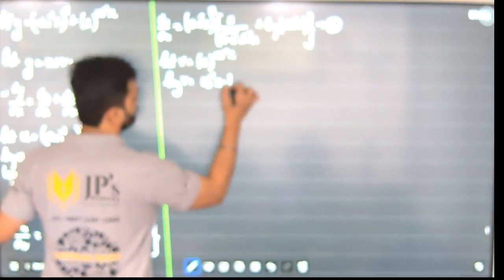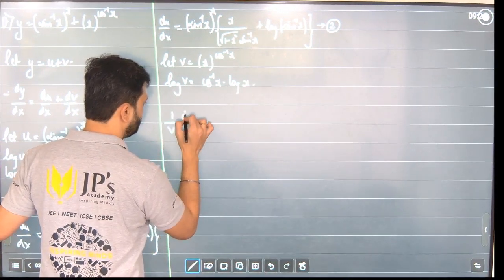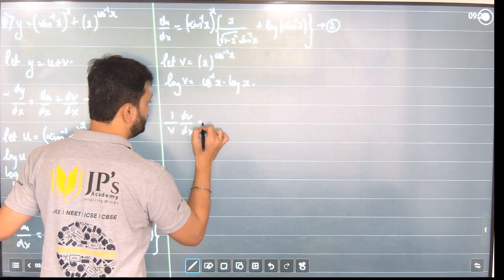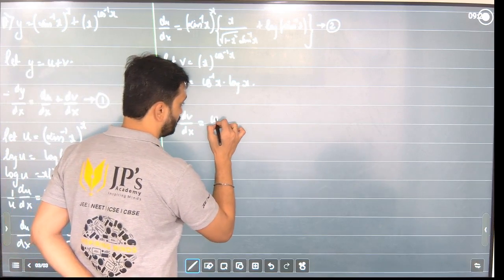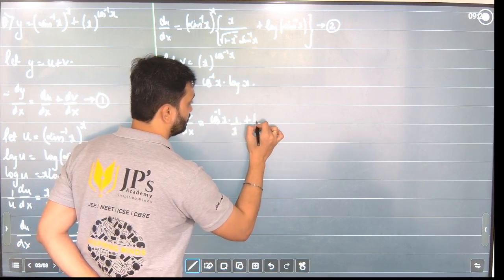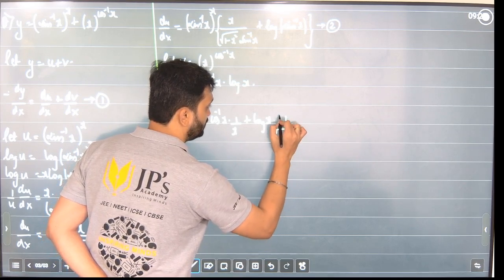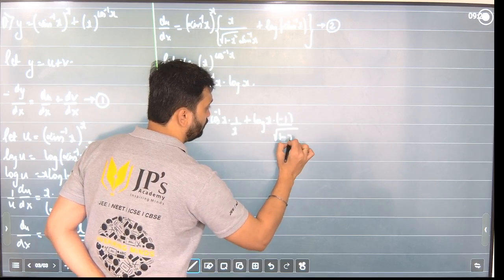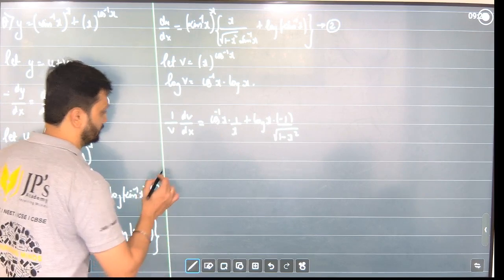Log v is equal to cos inverse x into log x. 1 upon v dv by dx is equal to cos inverse x into 1 upon x plus log x into minus 1 upon root of 1 minus x square, because derivative of cos inverse x is minus 1 upon root of 1 minus x square.